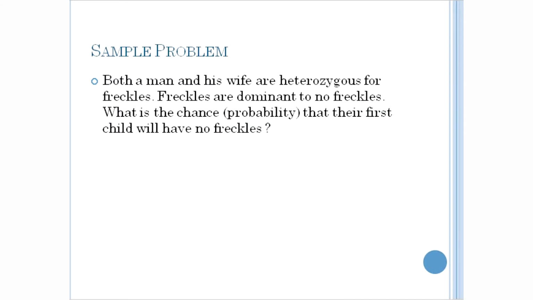Let's take a look at this sample problem. You were told that both a man and his wife are heterozygous for freckles. You were told that freckles are dominant to no freckles. What is the chance, probability, that their first child will have no freckles?